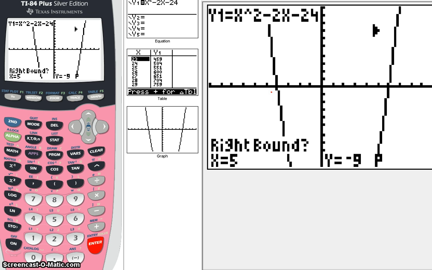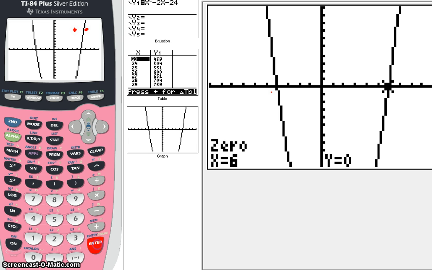For right bound, I type 7 and enter. If you look above it, you can see on your calculator there are 2 little arrows that are pointing at the region that your calculator is going to look at for the solution. I would then press enter, and it does tell me that I do have a 0 at 6 and 0.